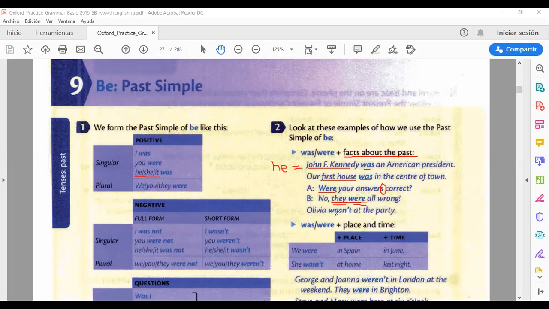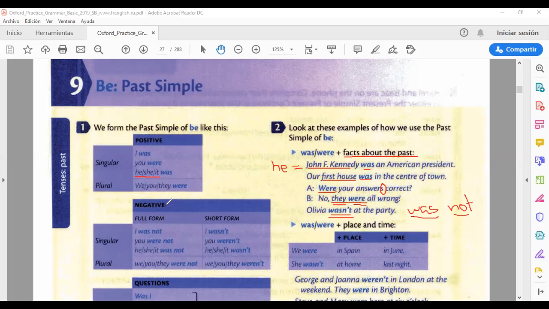okay? And then the negative form right here, it says Olivia wasn't at the party. And this is the contraction right here, but we can use it separate. Was not. Okay, you can do it like this or use the contraction. Okay, now let's take a look at this information right here, the negative form.